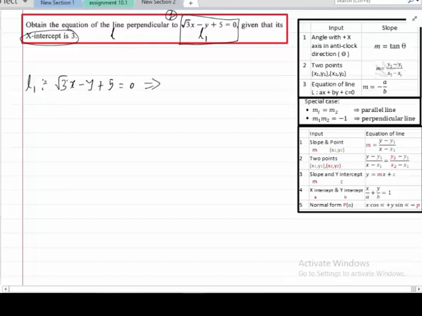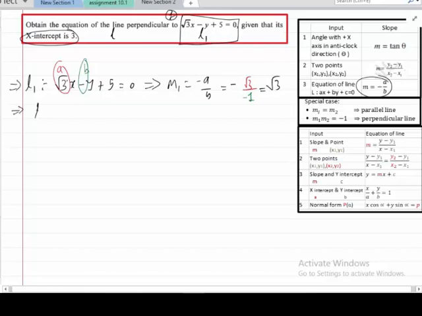From the equation of line L1, we can obtain its slope. So let's call its slope m1 is equal to minus a by b, where a is root 3, which is the coefficient of x, and b is the coefficient of y, which is minus 1. So let's place the values of a and b. So slope of L1 will be root 3.